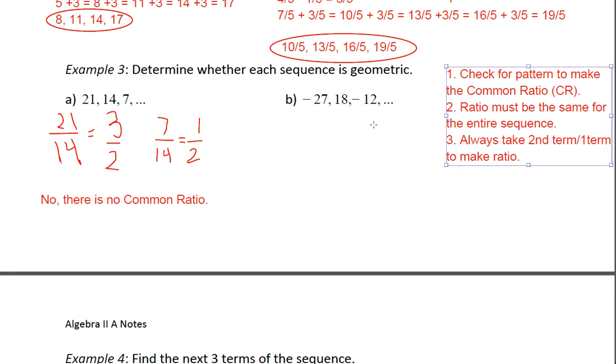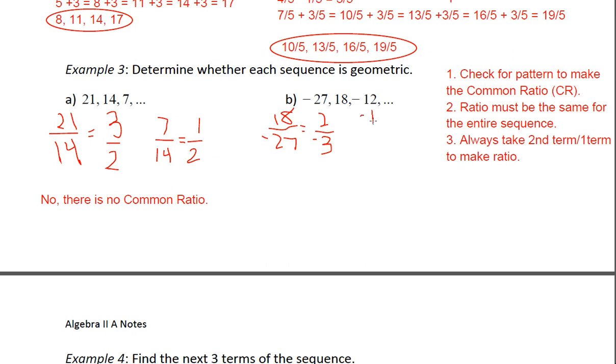So let's come over here and test the other one. 18 over, second term, 18 over negative 27. So reduce that. They're both reducible by 9. 18 divided by 9 is 2. And it was negative 27, so negative 27 divided by 9 is 3. So hopefully this other one is negative 2/3.